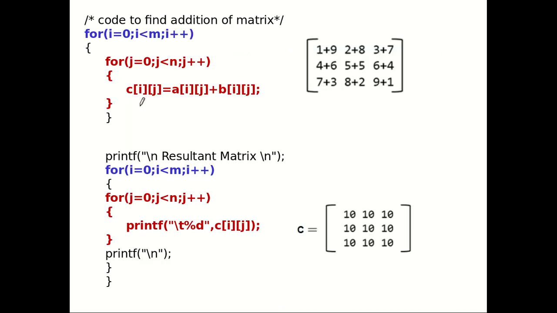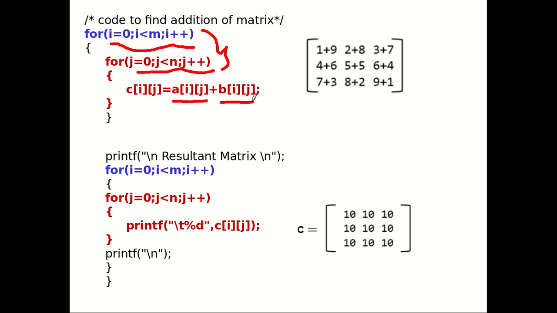Next what we do, we read the same for loop. So this particular for loop will always point to the row of a matrix, this will point to the column of a matrix. So the first row, first column value of A is added to what here?